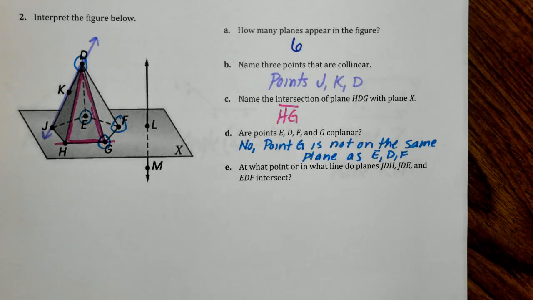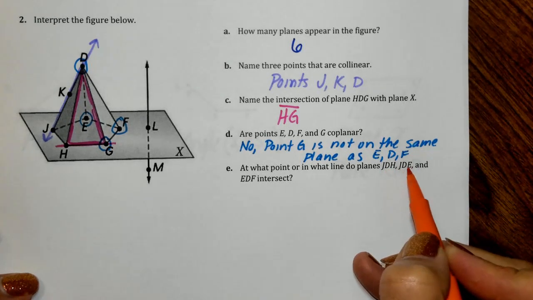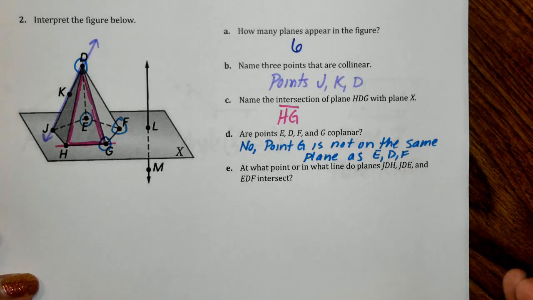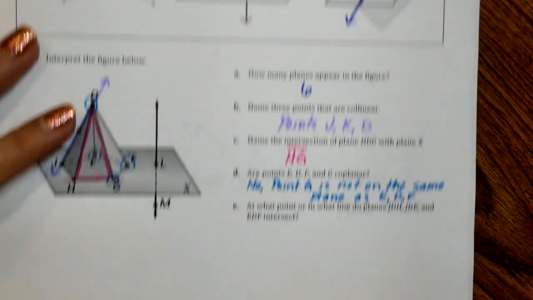Lastly, at what point or in what line do planes JDH, JDE, and EDF intersect? This is going to get a little weird because we know that planes are supposed to intersect at a line, but that's whenever you have two. Now we've got more than one.